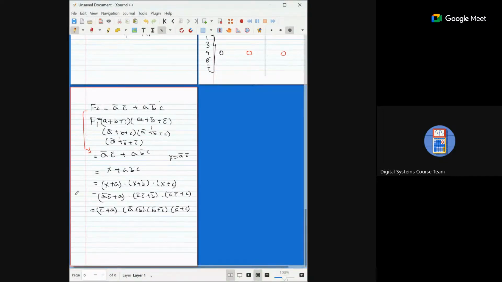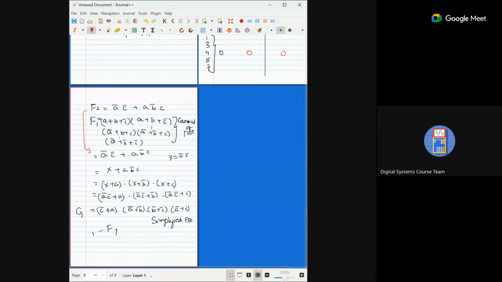If I call this G, and whether G is equal to your F1, how can I compare it? This is what form? This is the canonical representation, whereas this is the simplified form of POS.